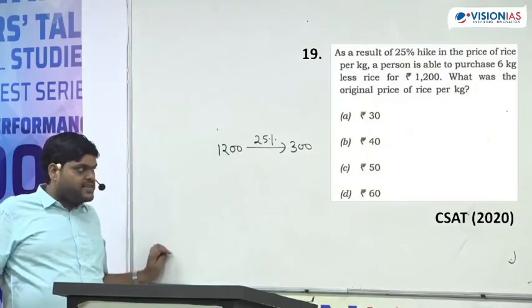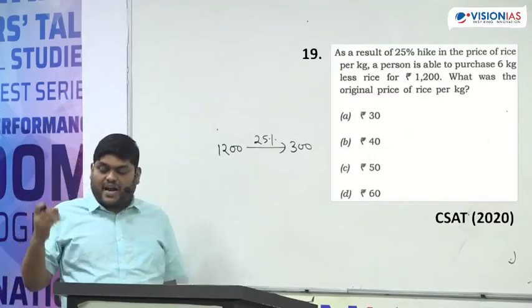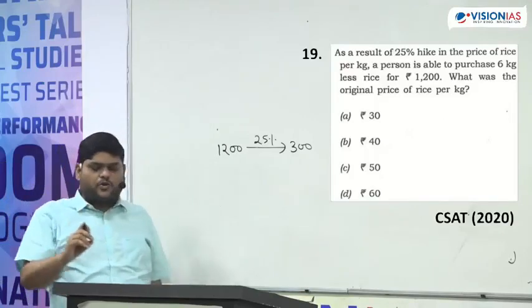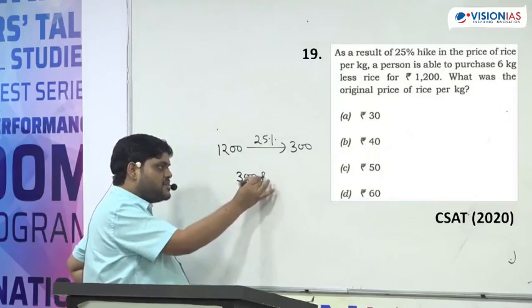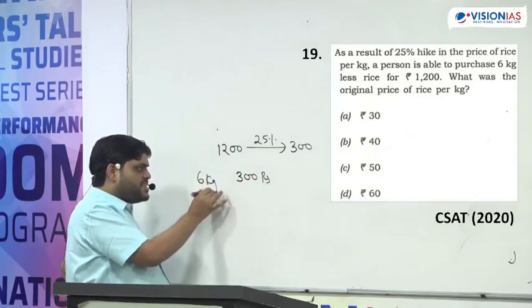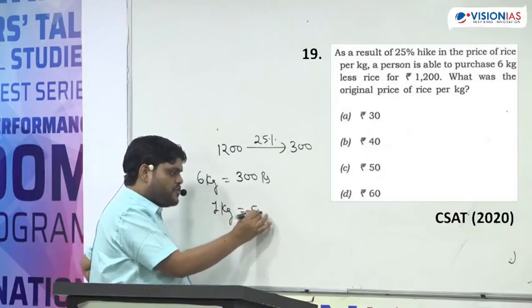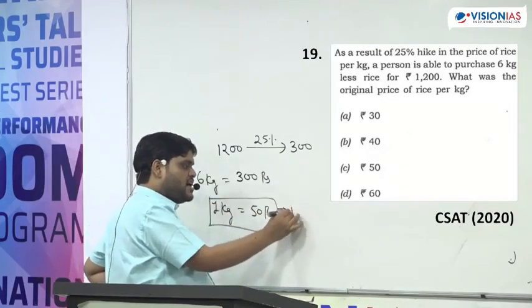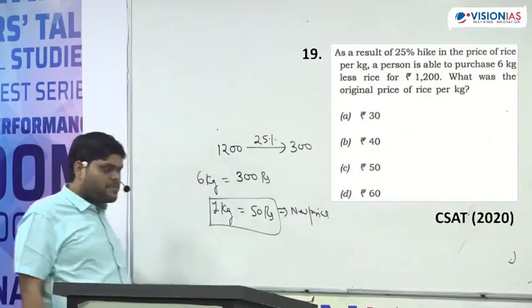So that means the price is increased by 300 and now the person is able to purchase 6 kg less rice. That means the price of 6 kg is equal to 300, so the price of 1 kg is equal to 50 rupees. But this is the new price. What is the question? Find out the original price.